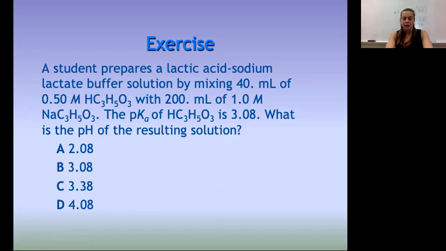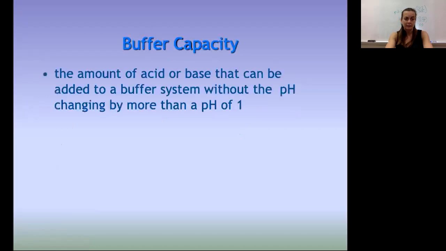Okay. So last concept then when we talk about buffers is this idea of buffer capacity. Buffer capacity is the amount of acid or base that can be added to a buffer system without changing the pH by more than 1 unit.